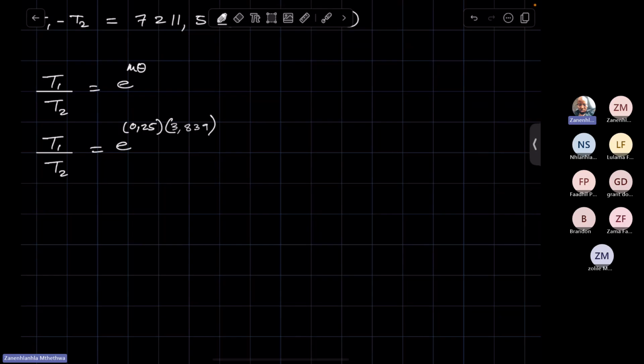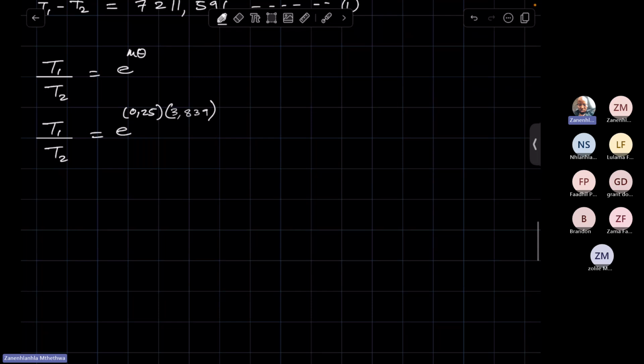Right, now to get the right-hand side, e to the exponent 0.25 times 3,839.